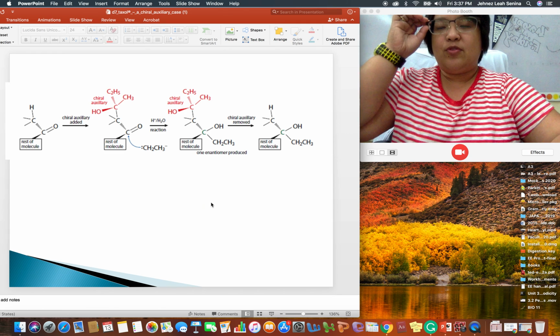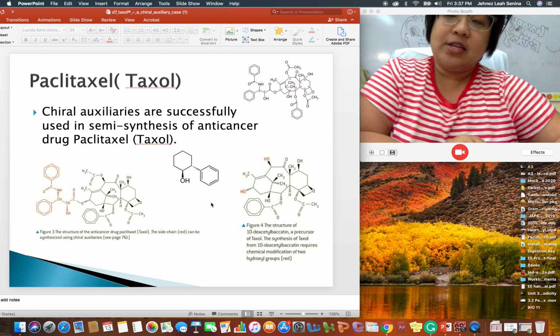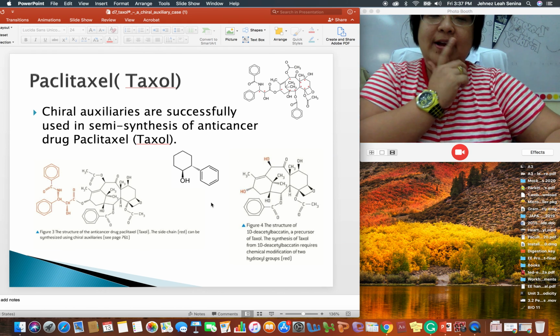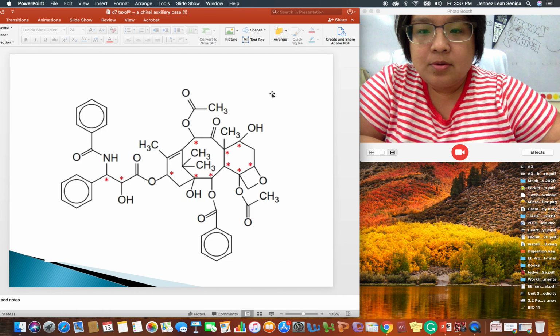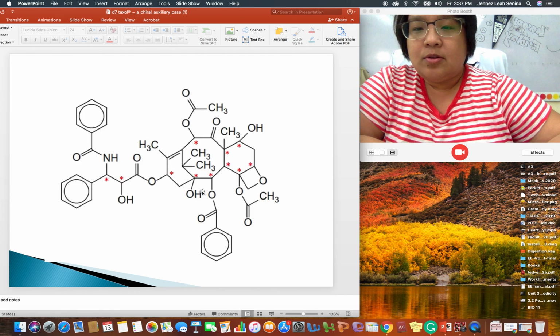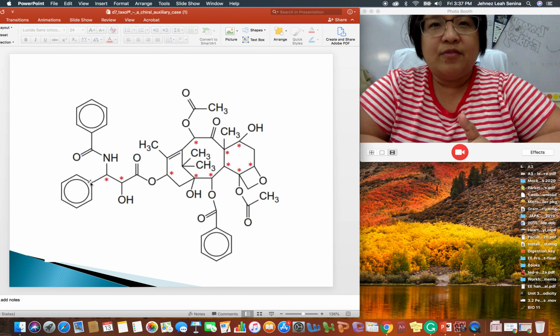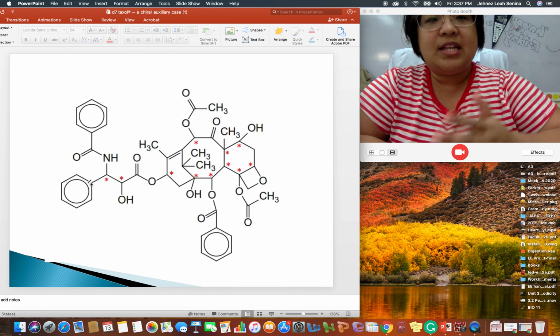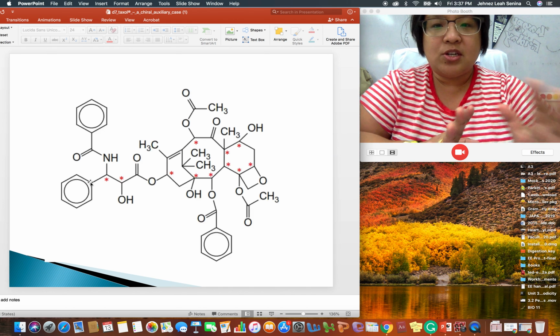Now, why did we have to talk about that? Because Taxol, this drug, has a lot of chiral carbons. If you look at this molecule, this is Taxol. There's a lot of chiral carbons. What did we say again? If a molecule has a chiral center, it can have enantiomers, like mirror images of itself.